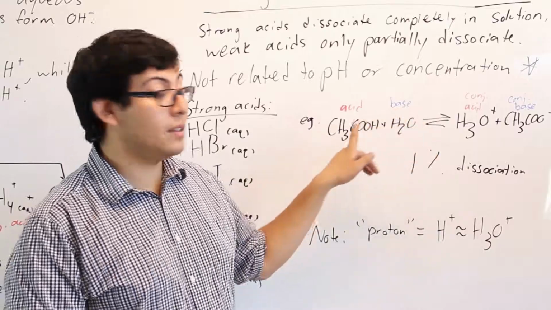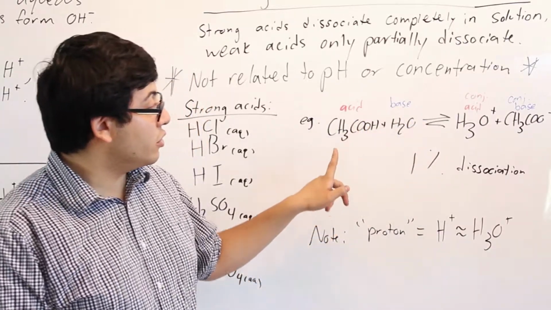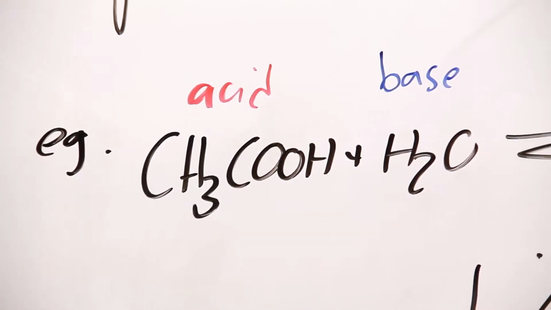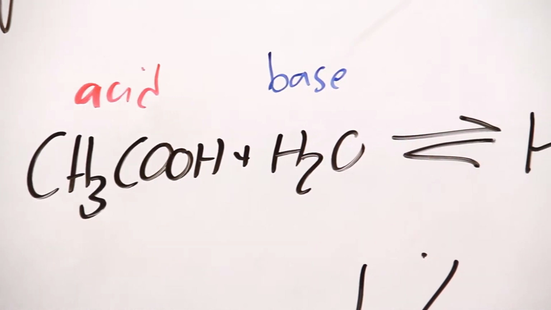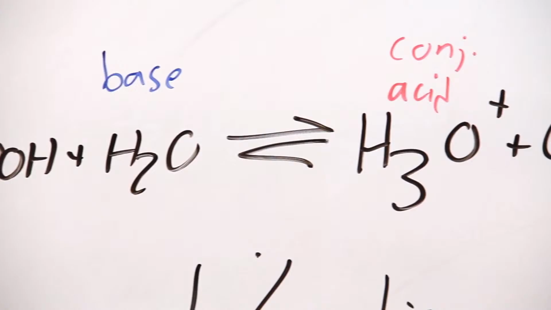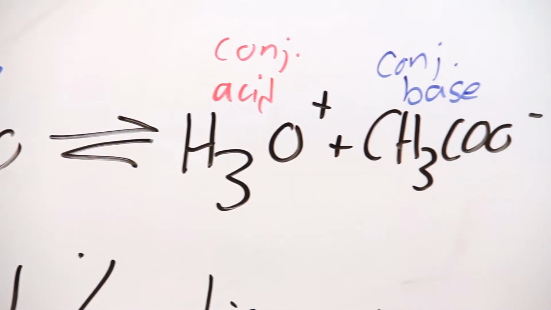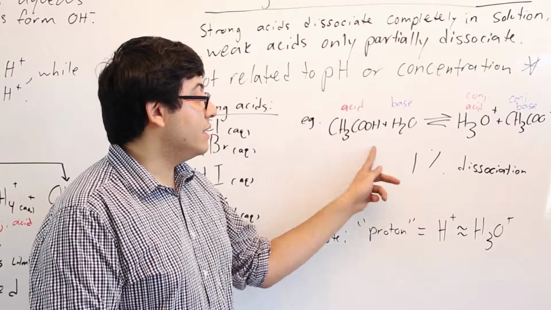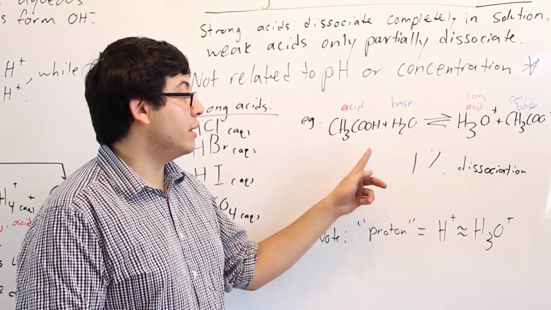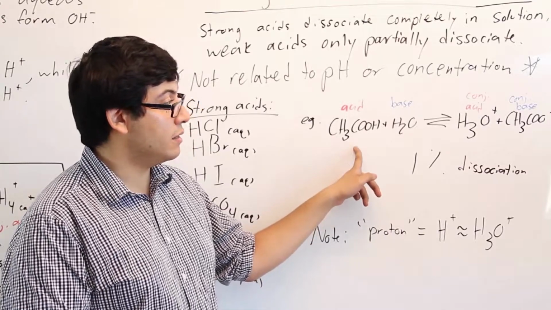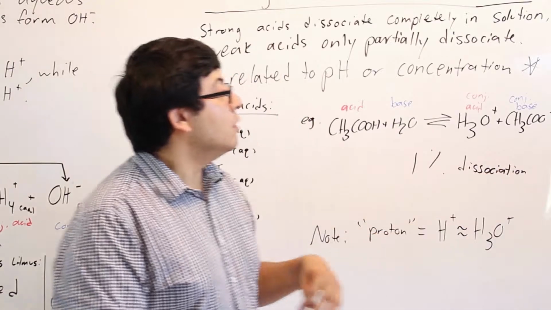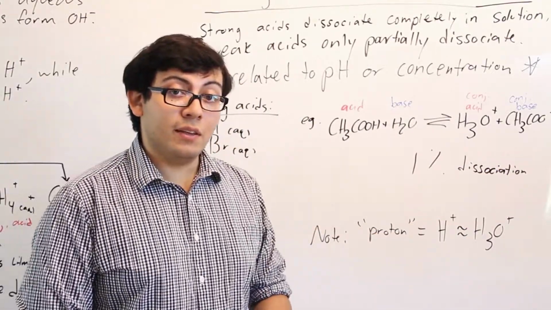So if we look at the acid-base, conjugate relationship, acetic acid is our acid, water is our base, H3O+, hydronium, is going to be our conjugate acid, and acetate is going to be your conjugate base. This reaction only happens about 1% of the time, which means that 99% of the acetic acid that we have has not dissociated. It's going to stay as acetic acid. Only 1% is going to go on to form this acetate. So that means it won't dissociate completely.